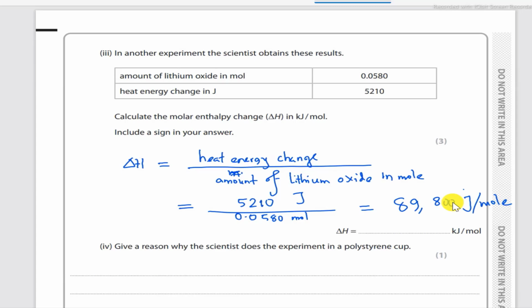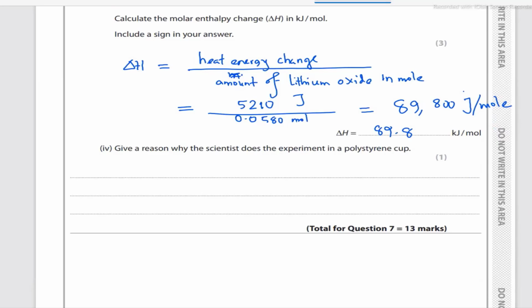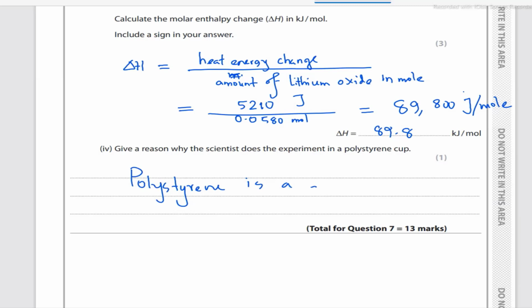In kilojoule, 89.8 kilojoule per mole. Give a reason why the scientist does the experiment in a polystyrene cup. Because polystyrene is a good insulator.